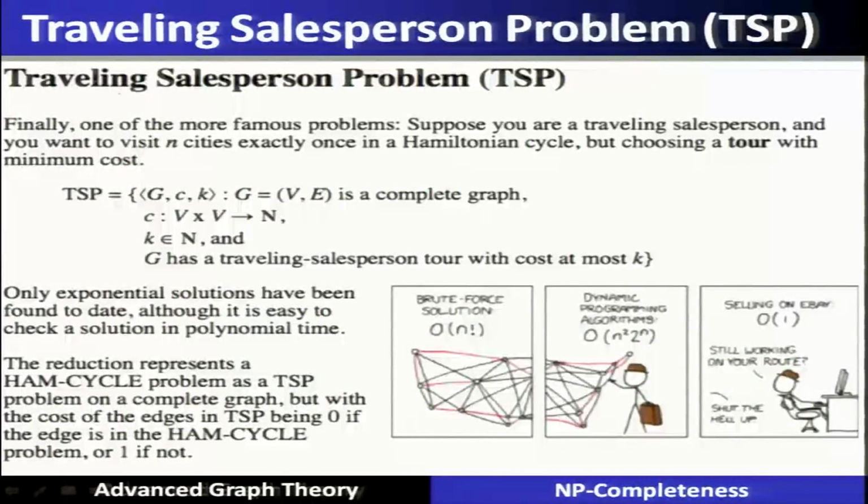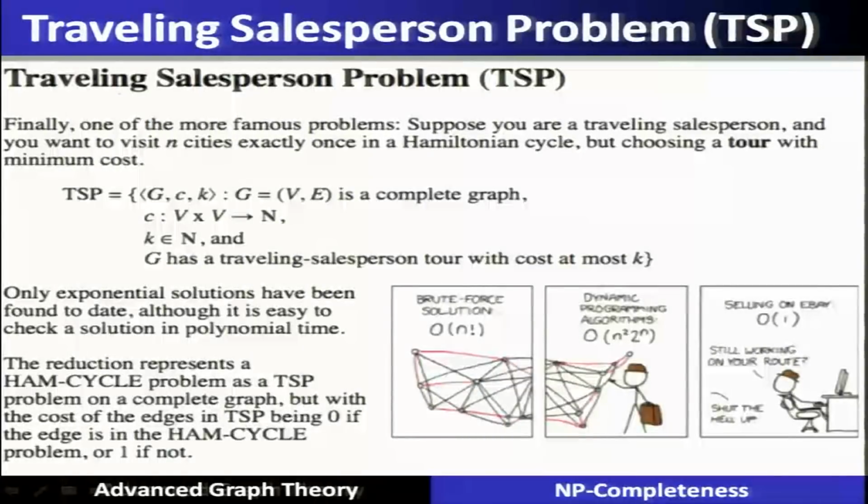Another problem is the traveling salesman problem. For the traveling salesman problem we have to prove it to be NP hard. So, finally, one of the famous problems: suppose you are traveling through different cities exactly once in a Hamiltonian cycle, but this particular tour should be of minimum cost.